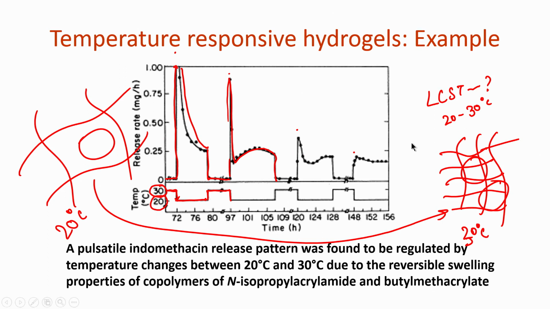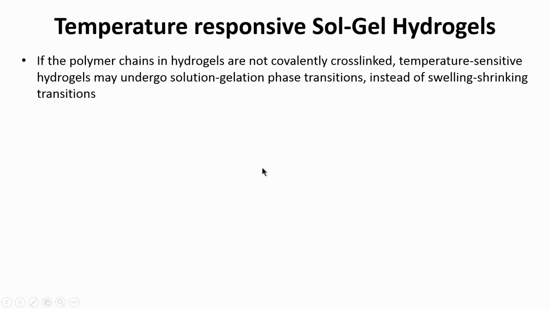And again, you can change the polymer that you are using. In this case this is a copolymer between these two polymers, but you can change these molecules and that will change the temperature at which you will observe this property. Another variant of this is a sol-gel hydrogel.